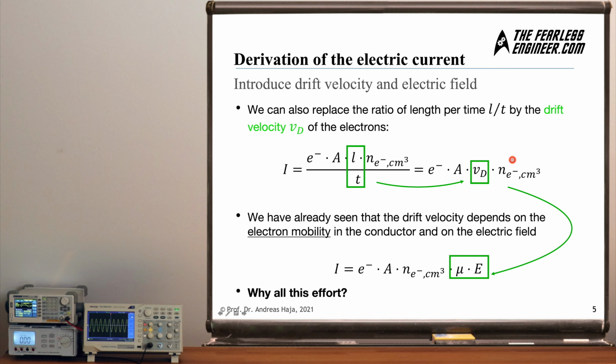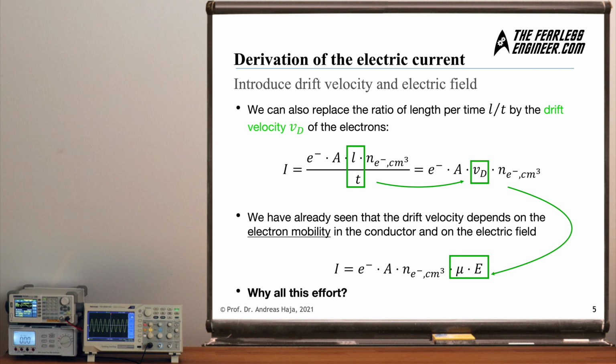And in the second step on this slide, we can further elaborate on this concept and substitute the product of electron mobility and field strength for the drift velocity in this equation. We have already seen that the drift velocity depends on these two parameters: electron mobility, for example in a copper conductor, and the field strength of the electric field permeating this conductor.